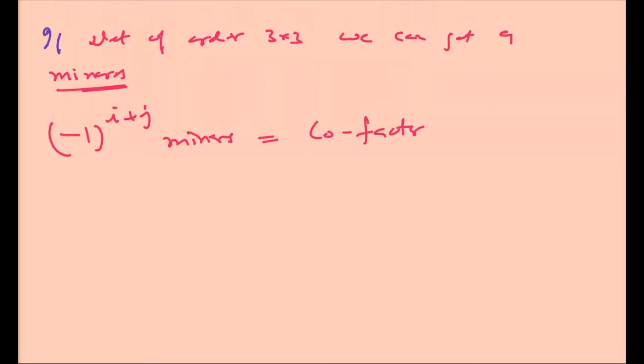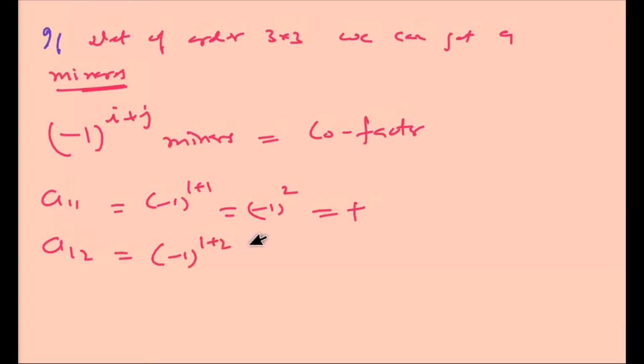Now what is the sign of A11? That is minus 1 to the power 1 plus 1, minus 1 to the power 2, it is even, so we get plus. What is the sign of A12? Minus 1 to the power 1 plus 2, minus 1 to the power 3, so it is odd, it is minus.